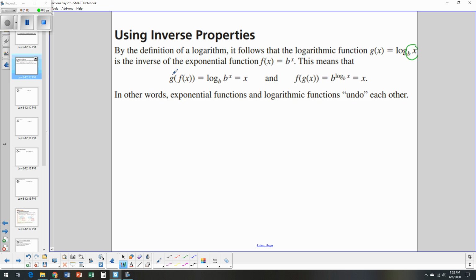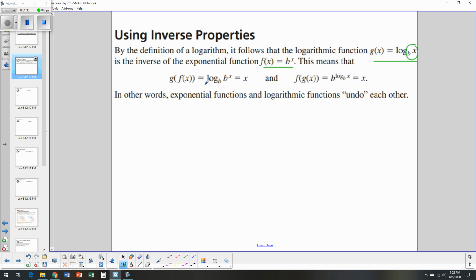And if you recall, we could also tell if things were inverses by taking the composition, where g of f of x equaled x, and f of g of x also equaled x. So what they're really doing here is saving us some of the work. We know automatically that these forms are inverses of each other, and we know both of these are true because they are inverses.